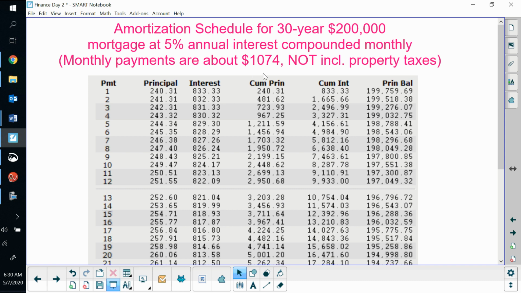If you're paying $1,074, notice 833 of it is going to interest and only 240 to principal. So even though you just paid over $1,000, only $240 of it was knocked off of your principal balance.